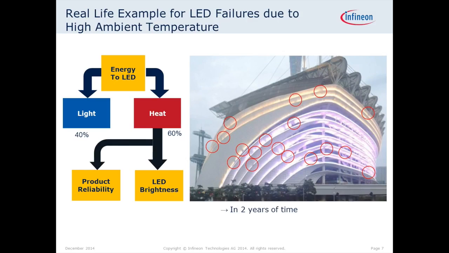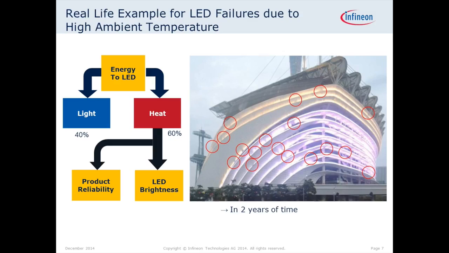And just to give you an example that we are not talking about theoretical things here, this is a photo taken from a stadium in Guangzhou in southern China. This picture was taken 2 years after commissioning of the whole building, and you can see that there are lots of fails.